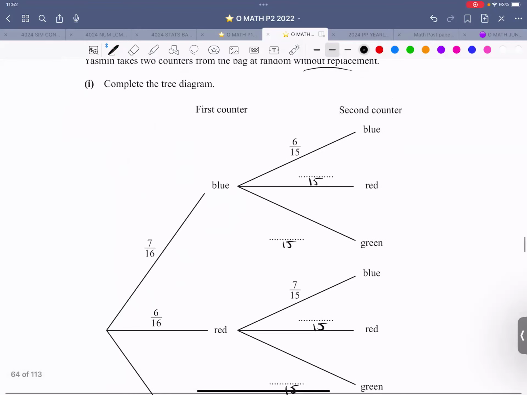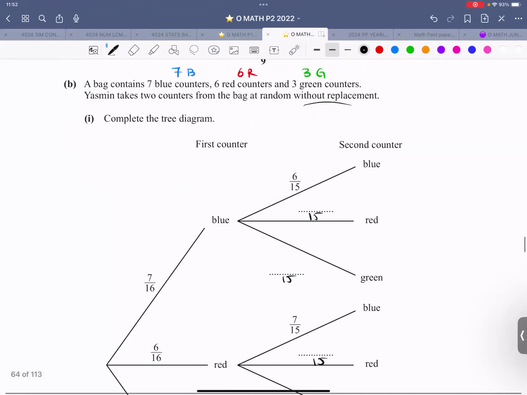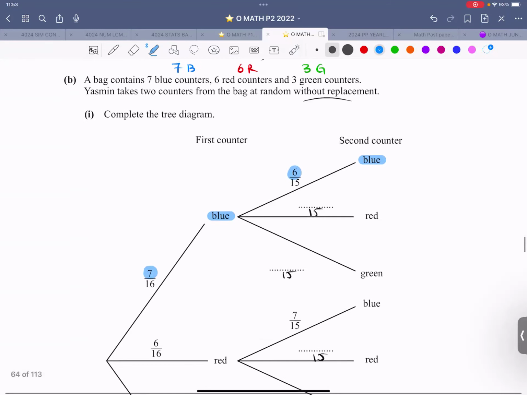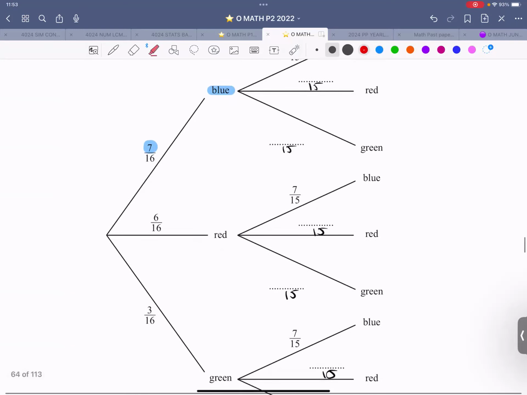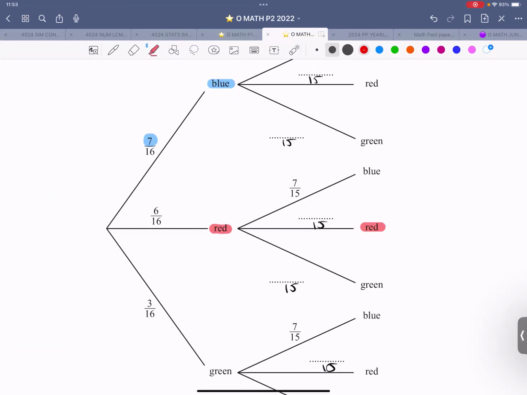And the second thing is that if we are taking out a blue color and the next color is blue, the numerator also reduces like this. If we are taking out a red color and the other taken out is red, again, the numerator should also be reduced. Just focus on that.